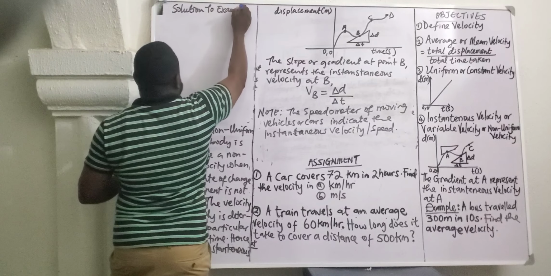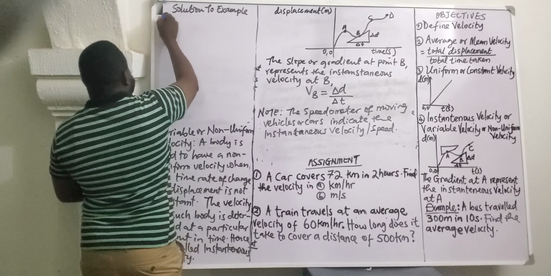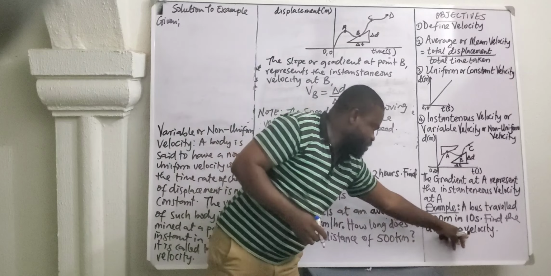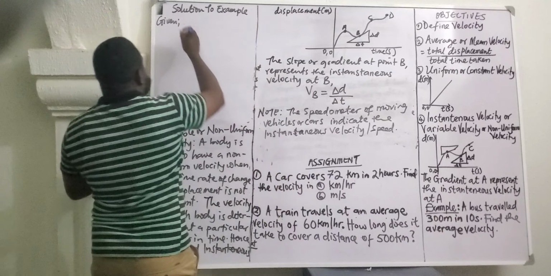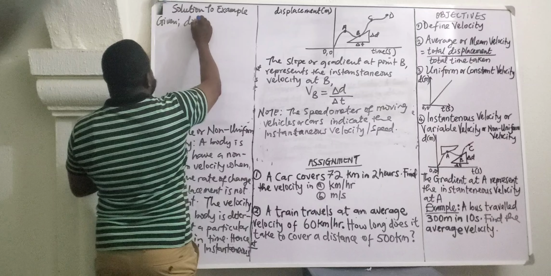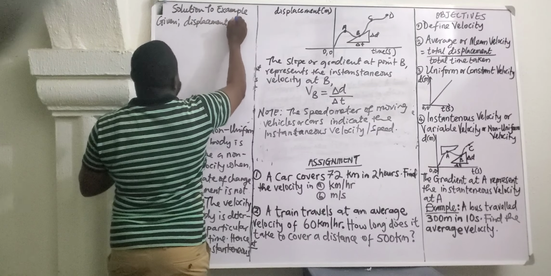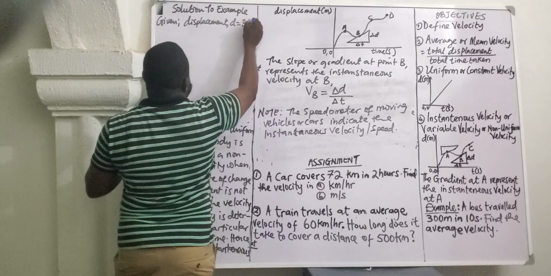From the question, we are given that the displacement, because this is velocity, we take this as the displacement. We are given the displacement D as 300 meters.